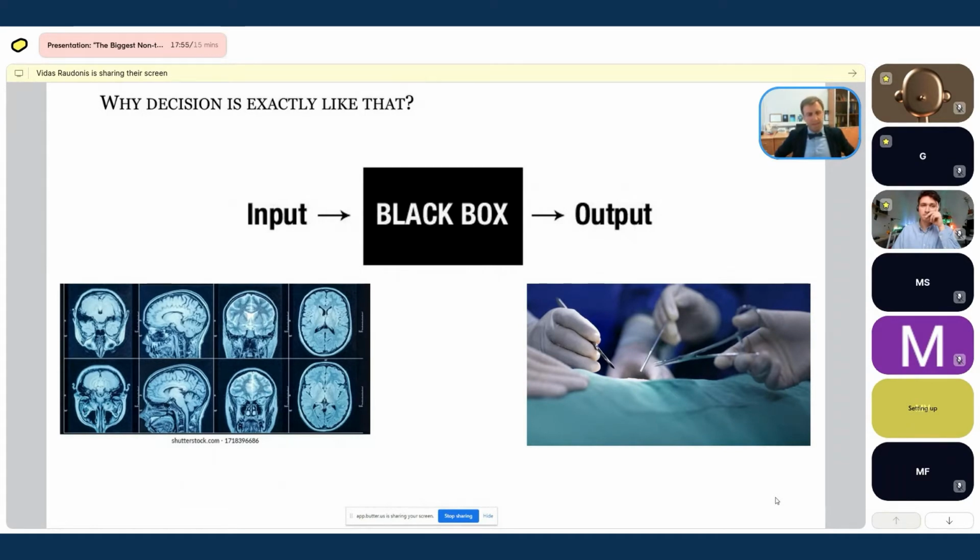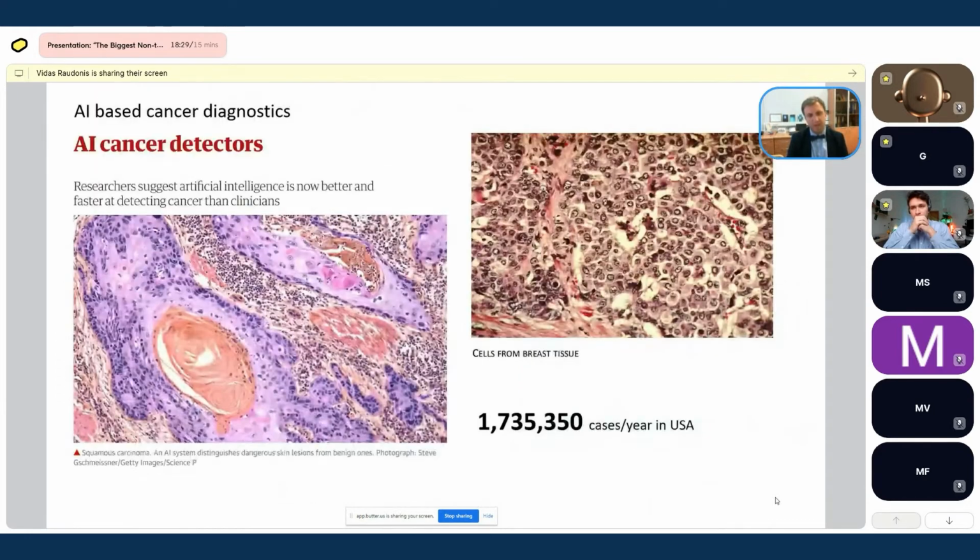Artificial intelligence takes some kind of input, in this case the medical images, and says you have to cut it off right away. But when the medical person has to explain to the patient that he has to have a surgery without explaining why, it's really not understandable. Therefore, there is a new trend coming called explainable AI.